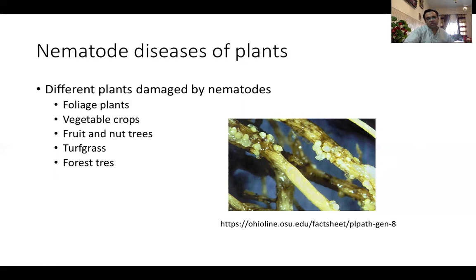The plants damaged by nematodes include all kinds of plants, ranging from foliage plants through vegetables, fruits, nut trees, tough grass, to forest trees.